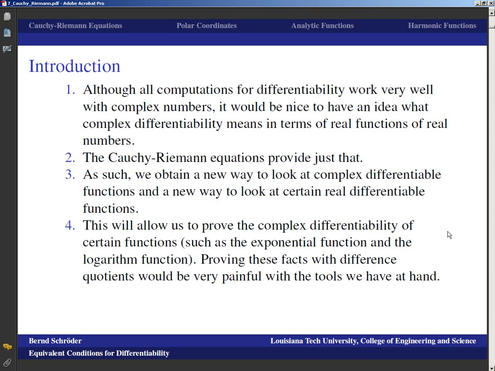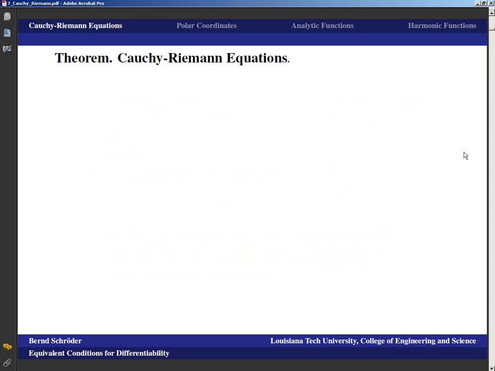It would not be impossible, but it would take quite a while to do and would require rather epic computations with difference quotients. And then from the more abstract point of view that we're taking in this course, we'd rather do these epic computations once to construct a tool, namely the Cauchy Riemann equations, and then just keep using that tool.